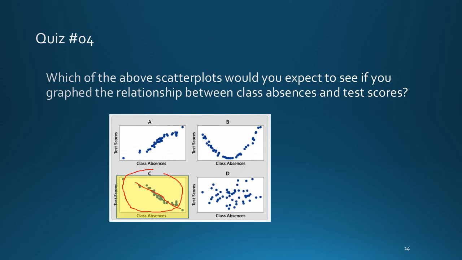As the number of class absences increases, the test score decreases. Graph B shows a curved relationship. Graph A shows a positive relationship, and graph D shows no relationship between the variables.